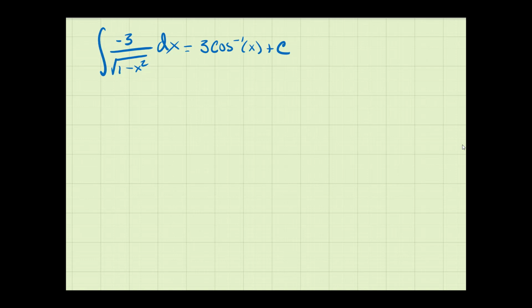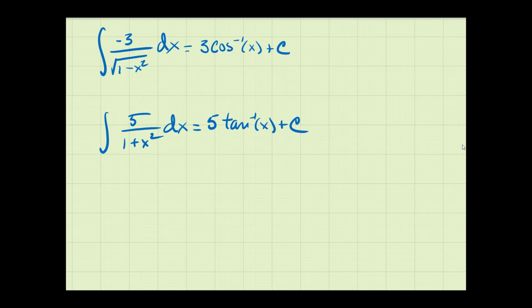What if I then had something like 5 over 1 plus x squared dx? Well, I do it the same way. Notice this 1 plus x squared in the denominator really indicates the inverse tangent. So I would put a 5 in front of the inverse tangent plus c. But I also could do negative 5 and the inverse tangent plus c.